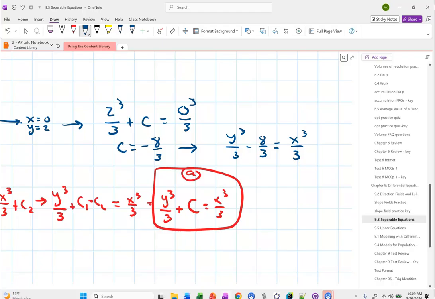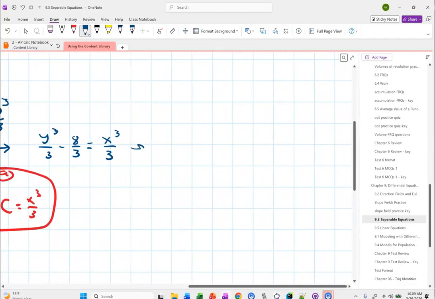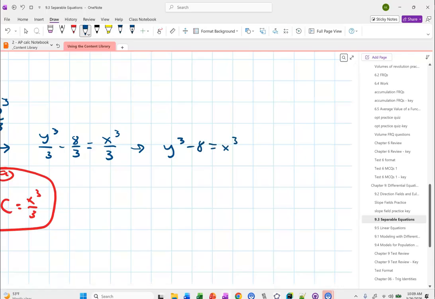And now if I wanted to, I could clean this up, but technically you're done at this point. If I multiply through by 3, we can do that, right? And if I wanted to, I can add the 8 over, and then I could cube root both sides or something. And I could write it as a function of y now if I wanted to. But as far as I'm concerned, those last 4 are all equivalent, and all you're doing is rearranging things.